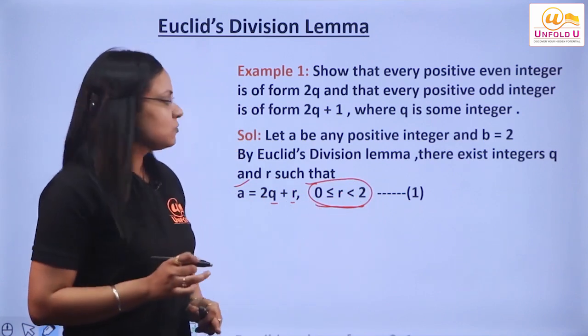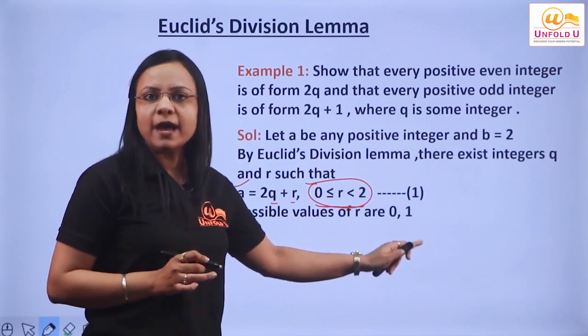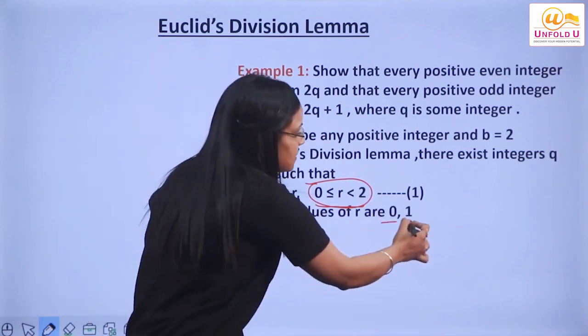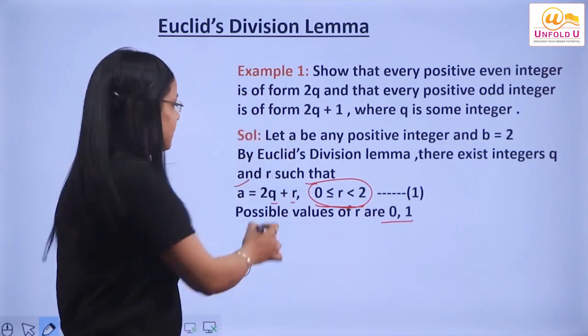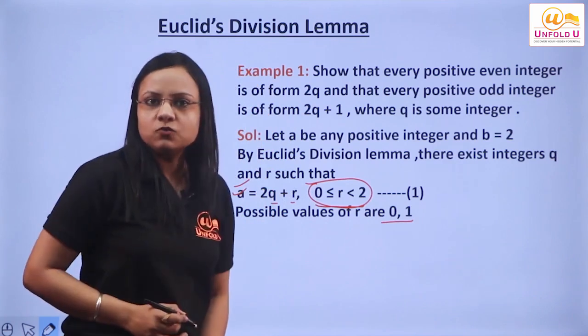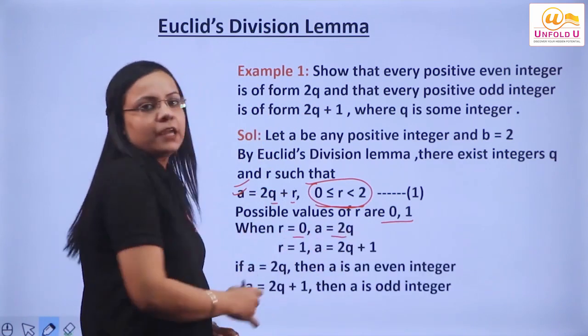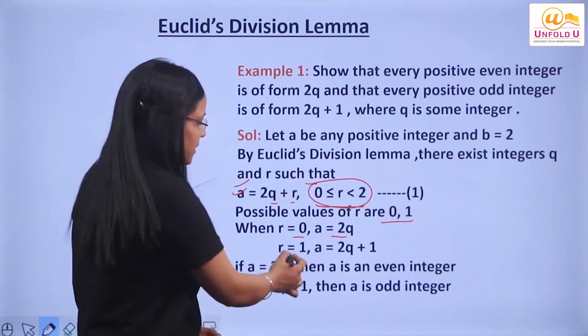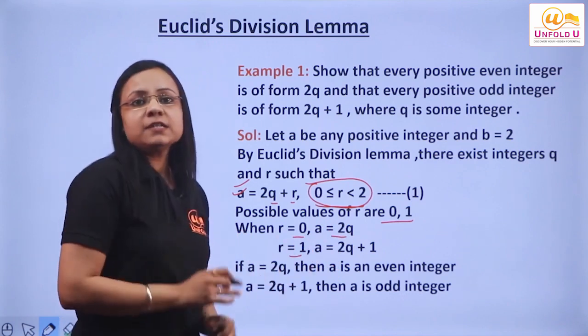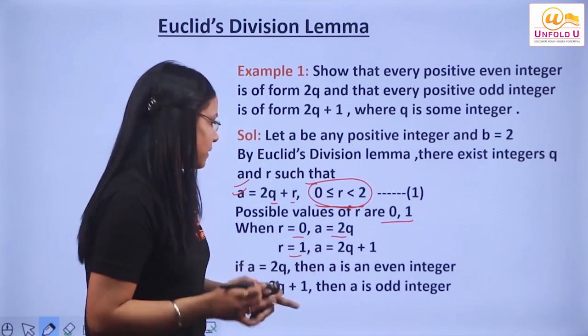So the possible values of r will be 0 and 1. Now let us put these values of r one by one in this equation to find the values of a. So when r is equal to 0, we get a is equal to 2q. And when r is equal to 1, we get a is equal to 2q plus 1.